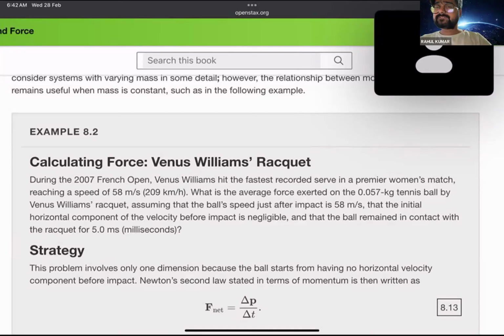Is this 58 meters per second to the left side or right side? You can assume that this is to the right side. Now, after it has been hit by the racket, what is the final momentum of the tennis ball?